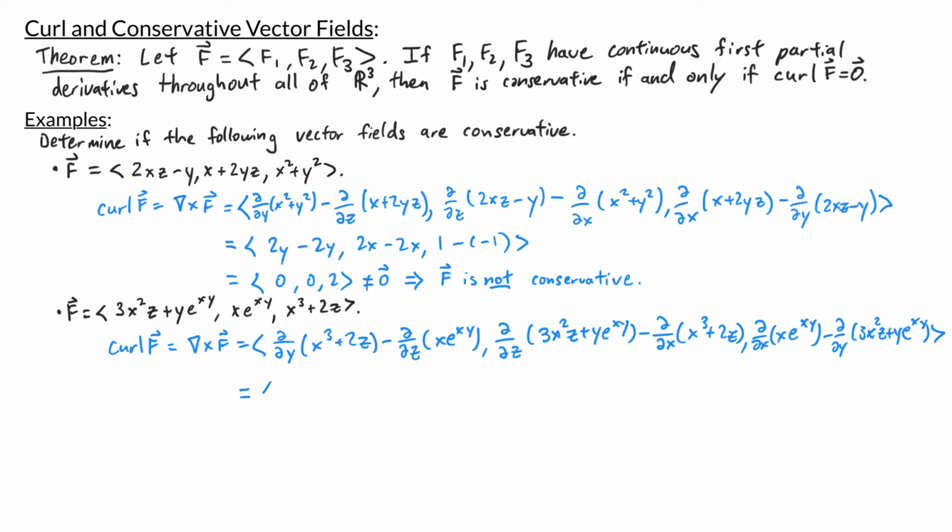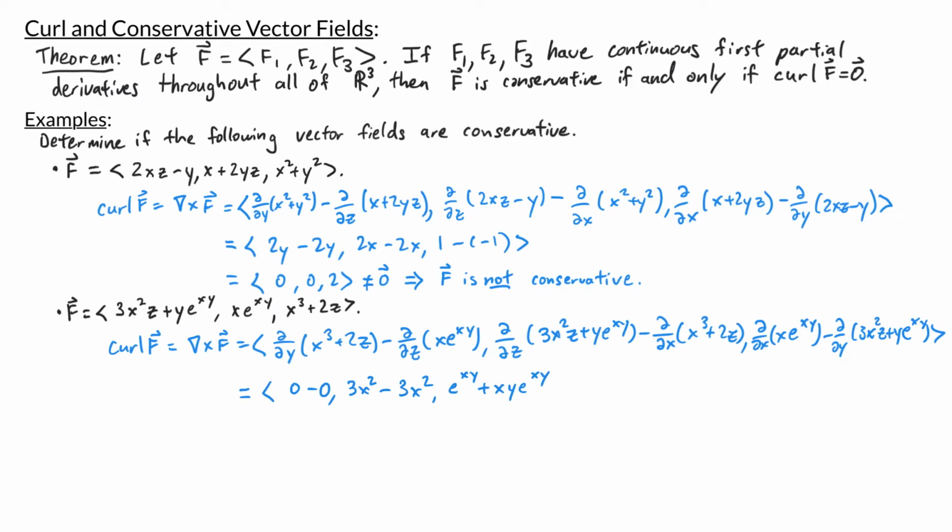Calculating the partial derivatives, in the first component we just have 0 minus 0. In the second component we have 3x squared minus 3x squared. And in the third component we have to use the product rule. The partial derivative of x e to the xy with respect to x gives me e to the xy plus xy e to the xy.